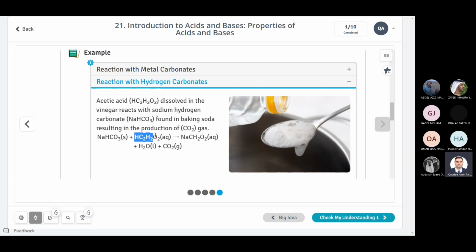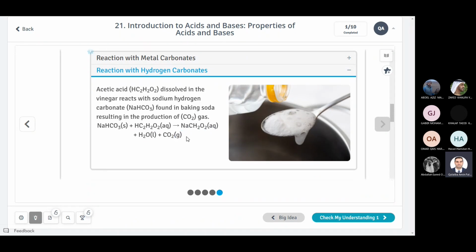And this is called acetic acid. Put acetic acid with sodium hydrogen carbonate and you get sodium acetate, water and carbon dioxide.